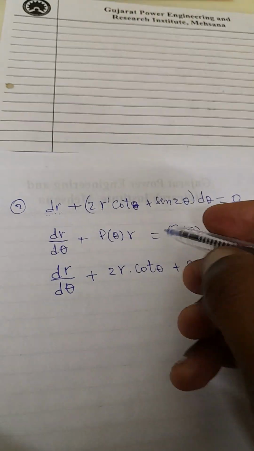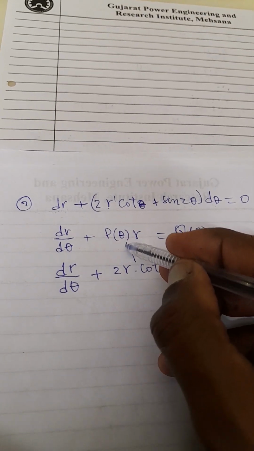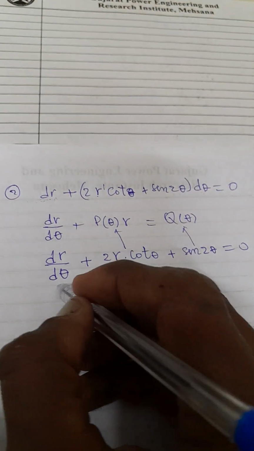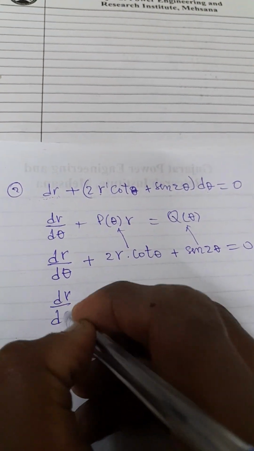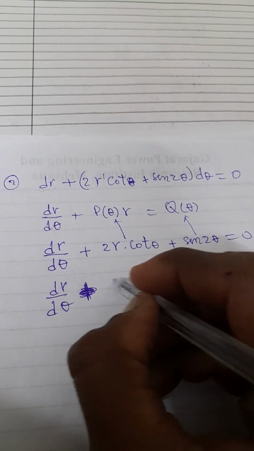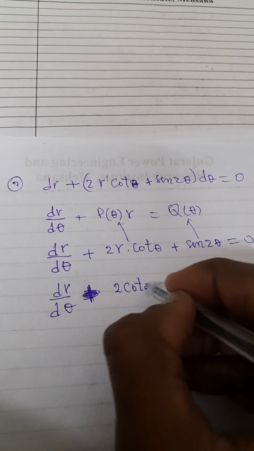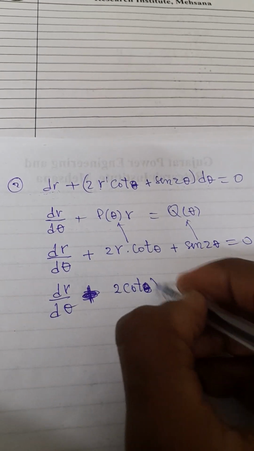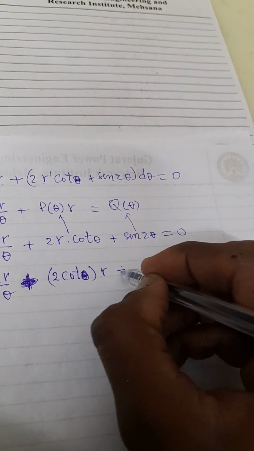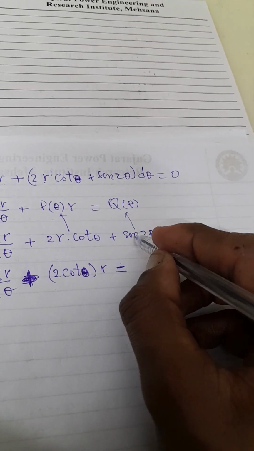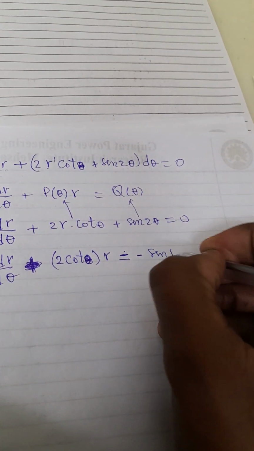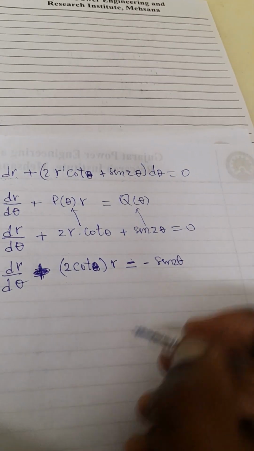Now see, this is the term in r and this is the term in theta only. So I will get dr upon d theta plus 2 cotangent of theta in brackets, then separate r, equal to, sending this out there, minus sine 2 theta.